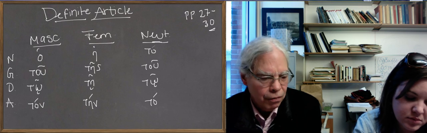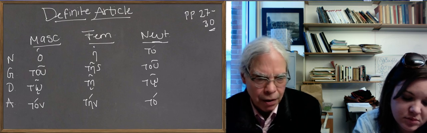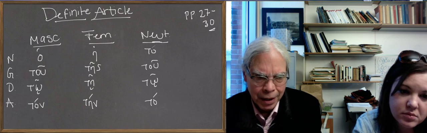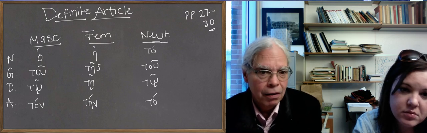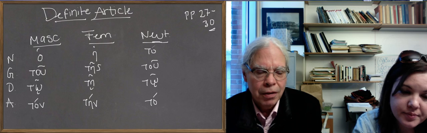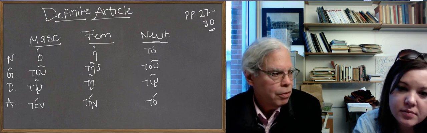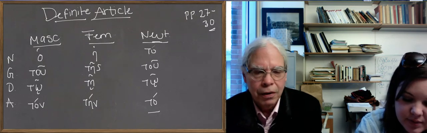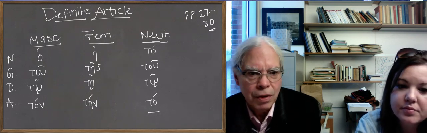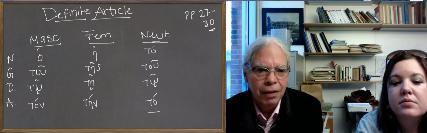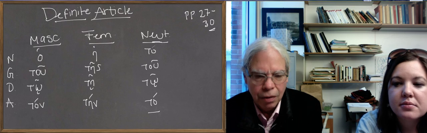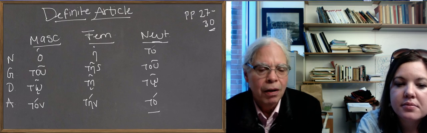For the feminine forms outside of the nominative, these are the same as the genitive, the dative, and the accusative of techne, okay? In the case of the neuter, the forms are like doron, except in the nominative and the accusative. There's no nu, okay? It's just plain ta, and it's actually older. Once there was a T, a D there, but it fell out, it disappeared, and so we just got ta.